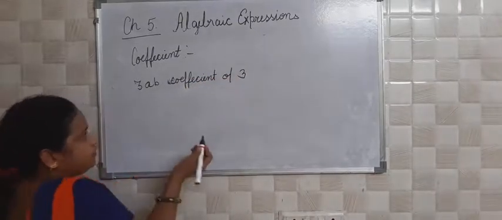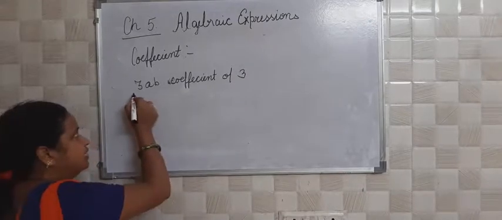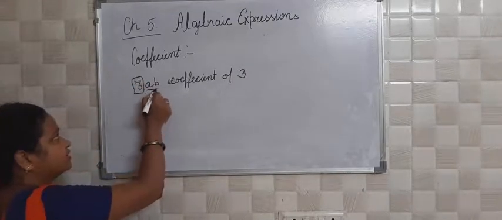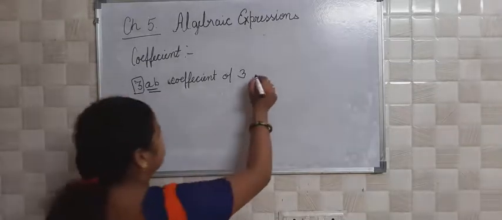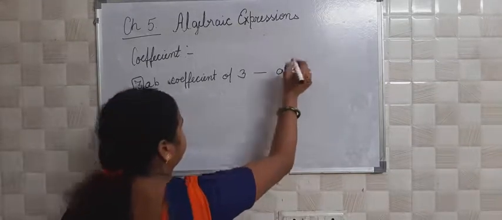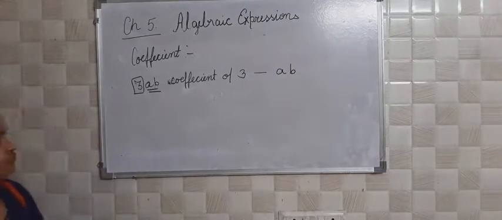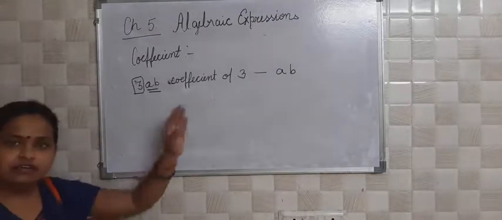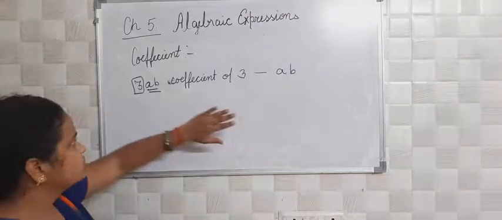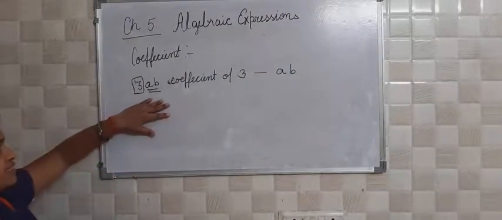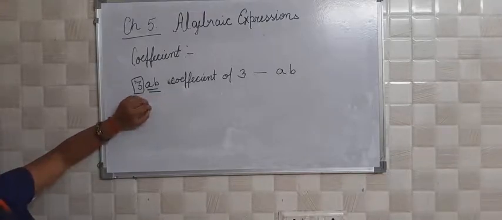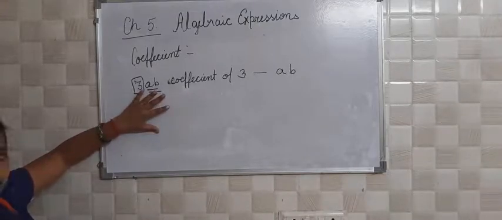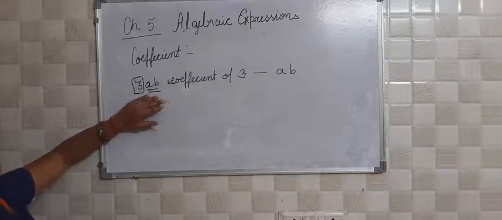Leaving 3, whatever the factors are, that is your coefficient. So here the factors are A and B. So what is the coefficient of 3 here? A and B. From this example we can see that the coefficient is the left-over product of a term.